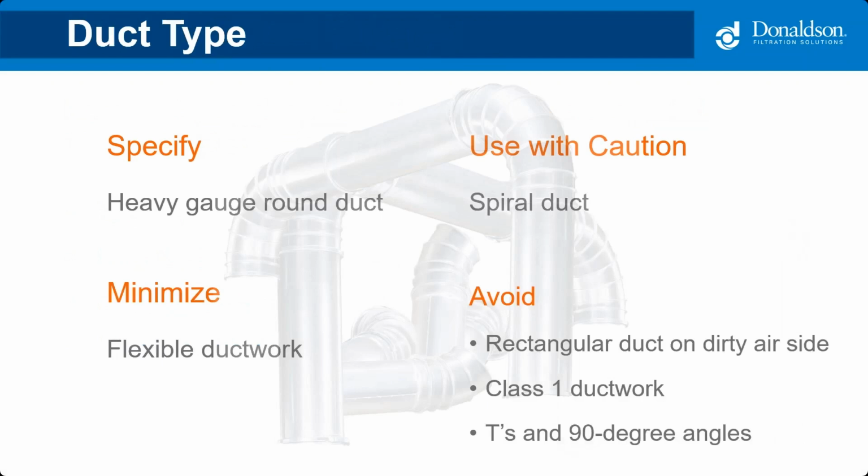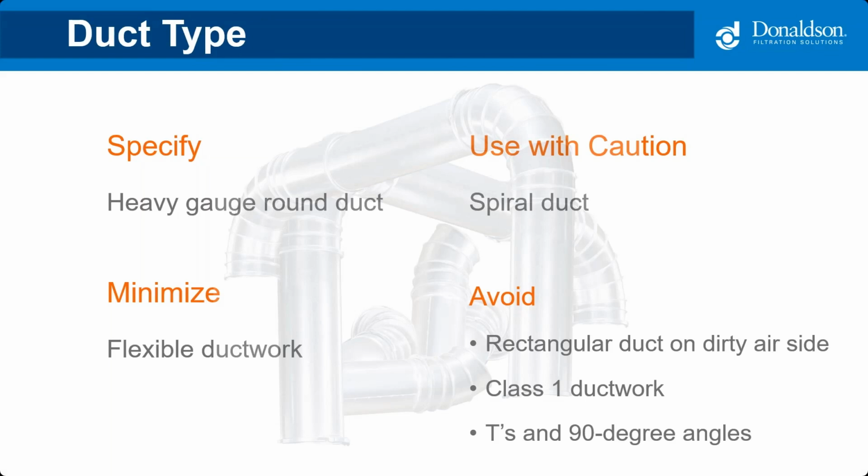Just a few quick pieces of advice when it comes to duct types. Rectangular duct is commonly used in HVAC applications where you're just moving air, but we don't want to use it in industrial applications because it could allow dust to settle out in the corners. Rectangular duct can be used occasionally on the cleaner side as long as the duct vibrations are mitigated. When specifying industrial duct systems, make sure to call out round, heavy-duty gauged industrial ductwork.